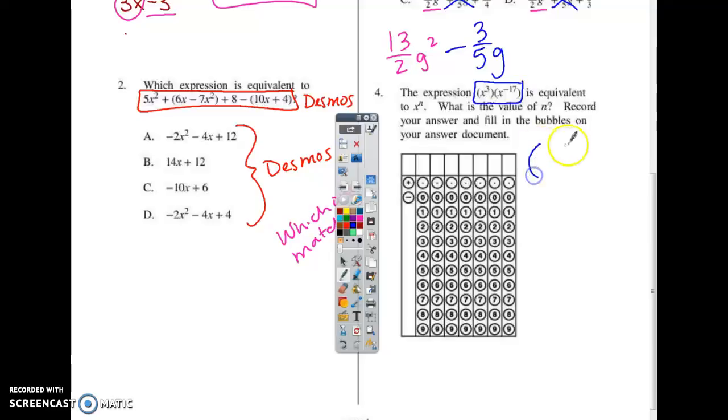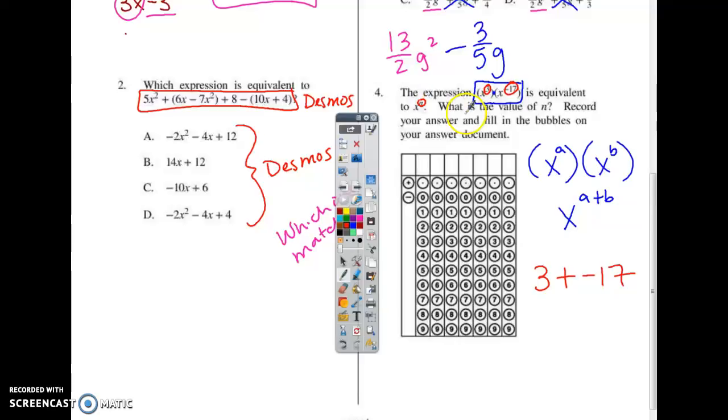When you multiply x to the a times x to the b, remember you add the exponents. That was the rule that we learned. Okay? So we're multiplying here. You add the exponents. So 3 plus a negative 17 in the calculator. Okay? And that will give you the answer right here.